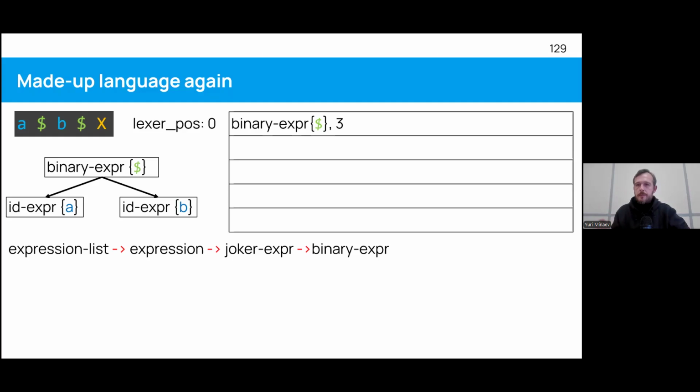We just take it from the state, we take the entire AST, the part of AST built for it, and we just move our lexer to the correct position. So we have kind of parsed the binary part again, but we didn't actually parse it again. We parsed it once and it was stored, and now we are using it.